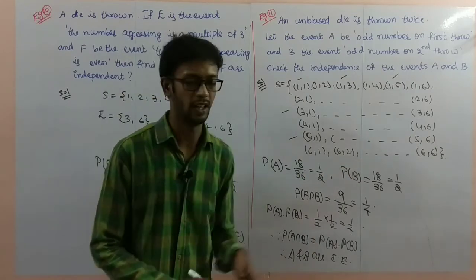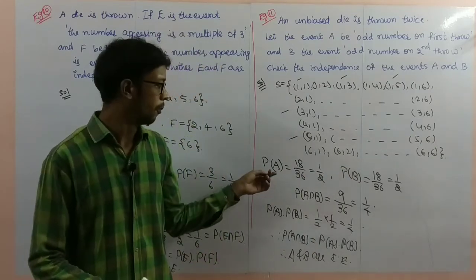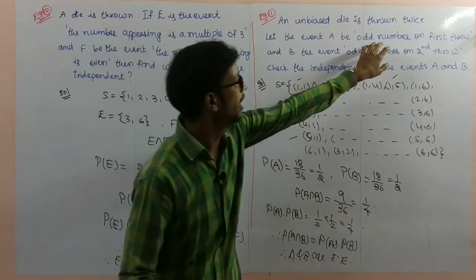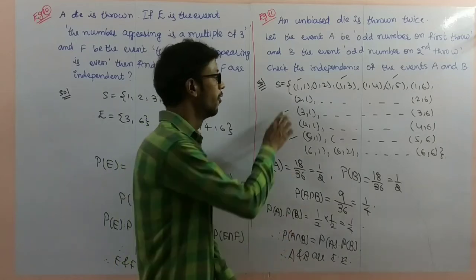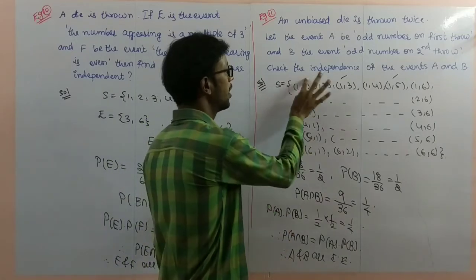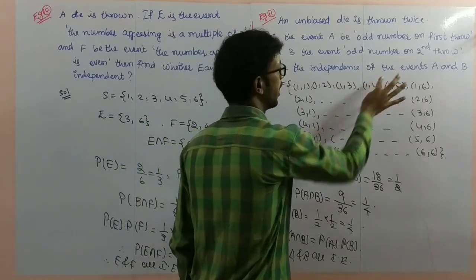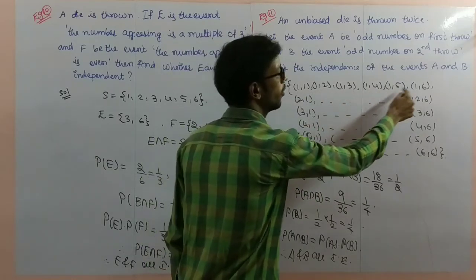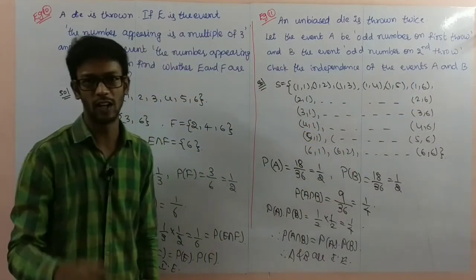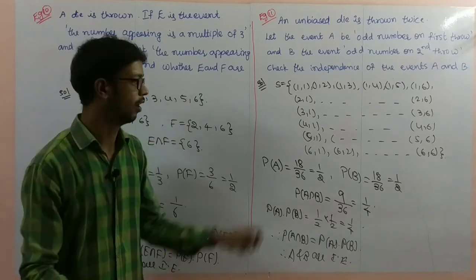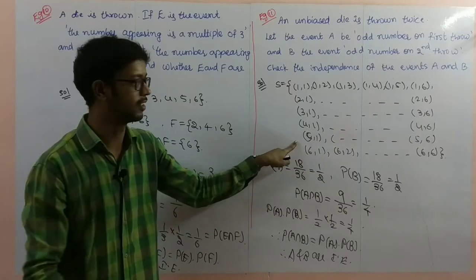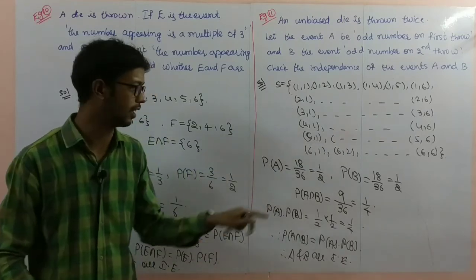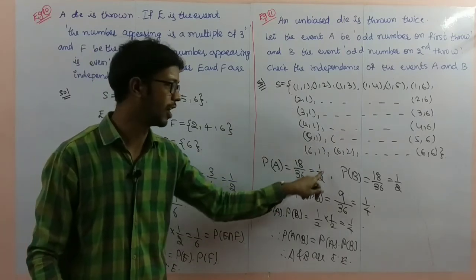Total outcomes is 36 first. Probability of A, what is the A here? Odd number on the first throw. You can observe, odd number on the first throw, how many are there? 1, 2, 3, 4, 5, 6. Odd number in the first place: 1, 3, 5. So for 3 also 6 you will get, for 5 also 6 you will get, 6 elements. 6 plus 6 plus 6, so 18 by 36, 1 by 2.